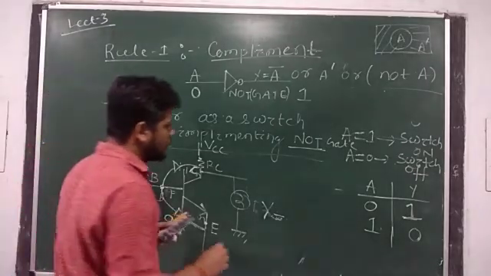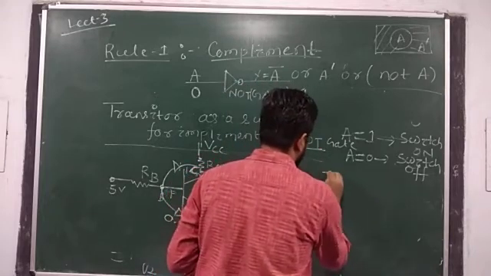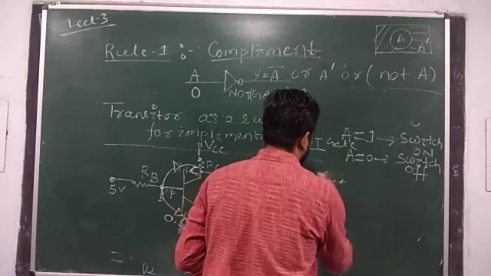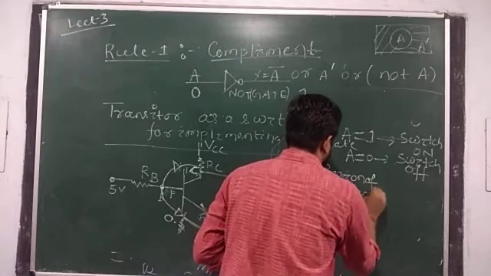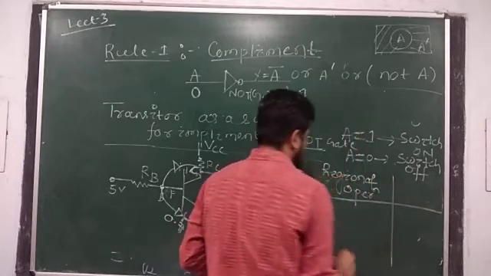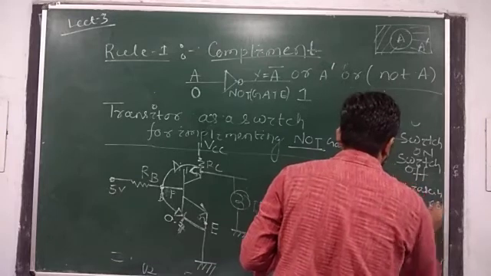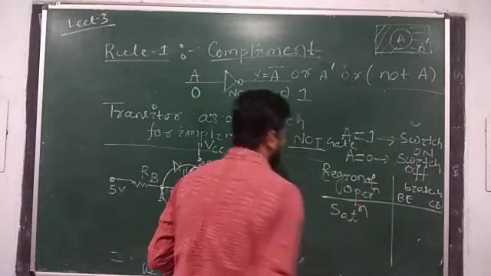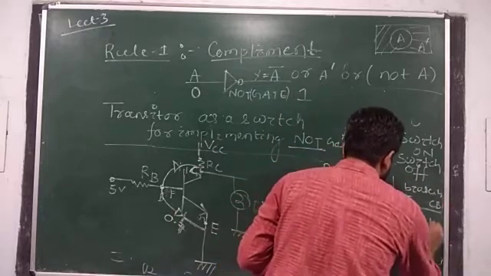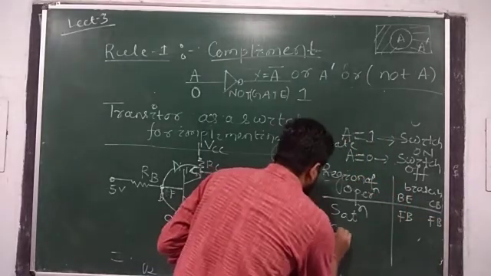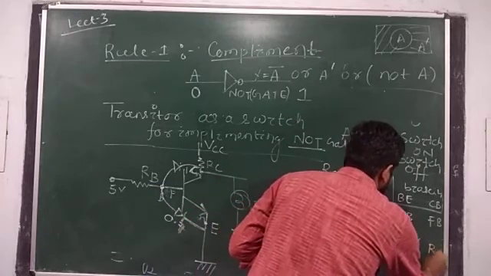So the transistor will operate in saturation mode only when the 2 junctions, that is base emitter and collector base, are both in forward bias, and it will operate in cutoff region only when both the junctions are reverse biased.